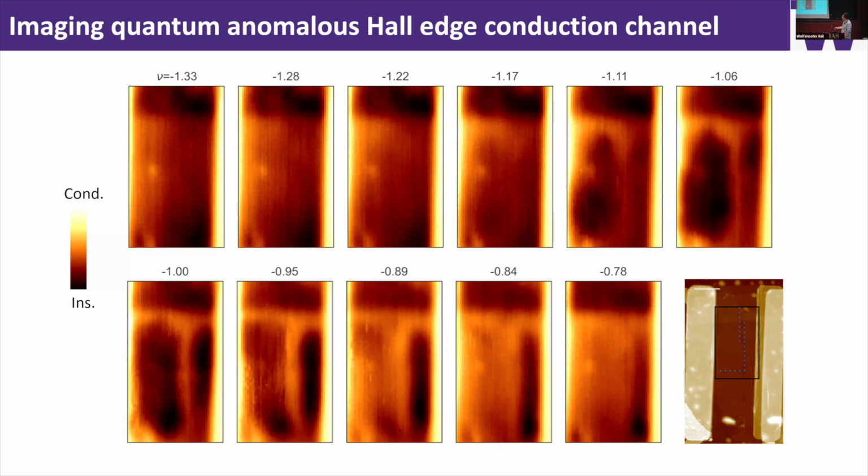Now you see that inside the bulk it's dark, meaning it's insulating. But the physical edge is bright. This shows that we do have a quantum anomalous Hall state, which is insulating in the bulk but conducting on the edge of the sample. Then we can continue to tune the filling factor. For example, at -0.78, which is the ferromagnetic metal phase, you see the whole sample light up again and become a metal.